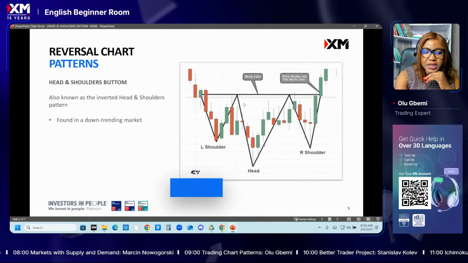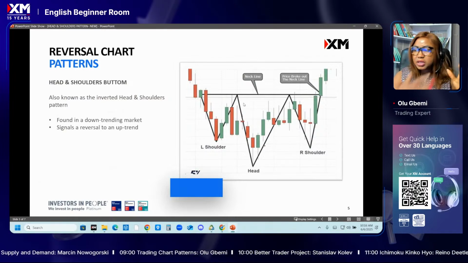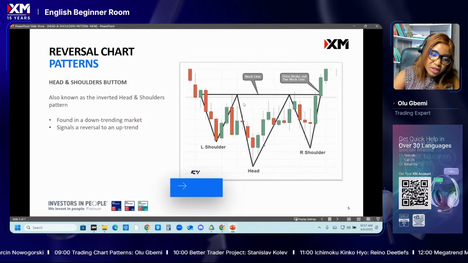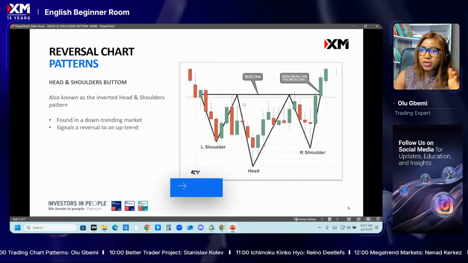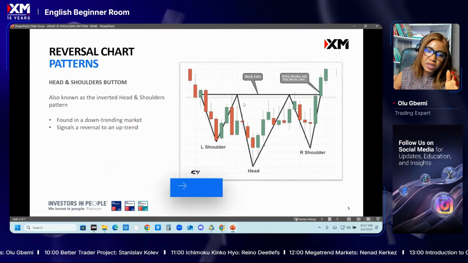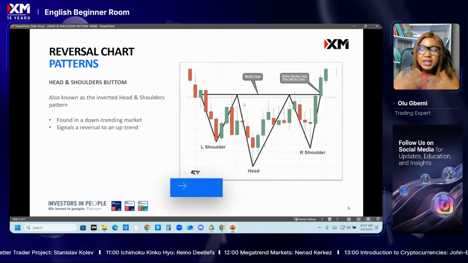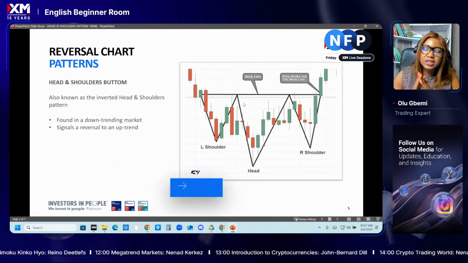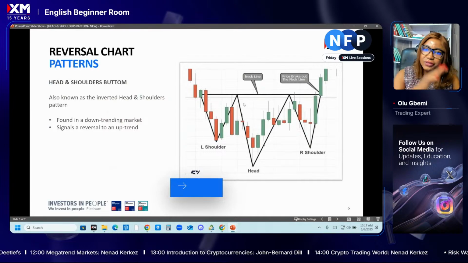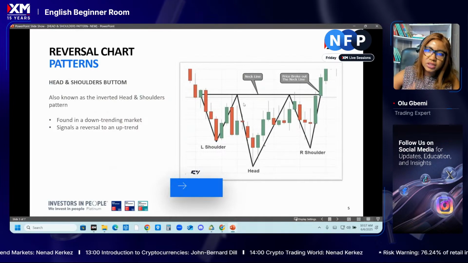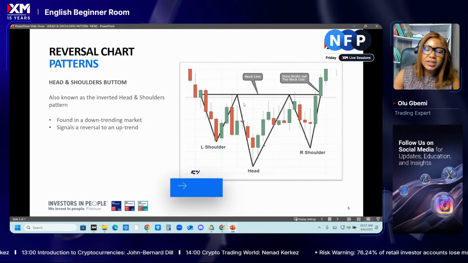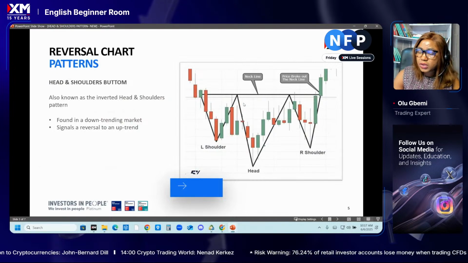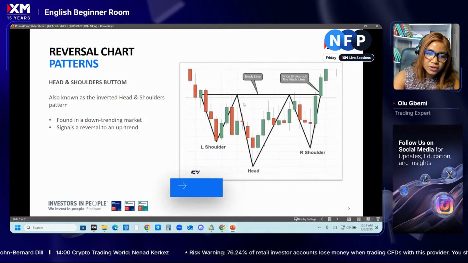In a downtrending market, we can find it at the midpoint of the downtrend, where it indicates that the price wants to make a pullback. Or we can find it at the end of the downtrend, where there's an indication that there's going to be an entire reversal from a downtrend into an uptrend. It signals a reversal to an uptrend from a downtrend.